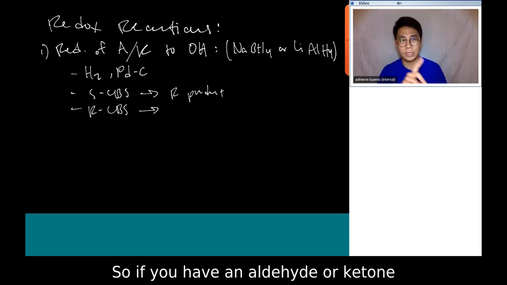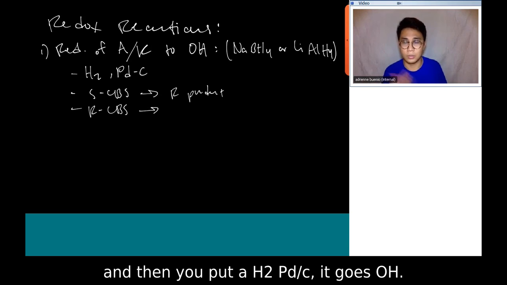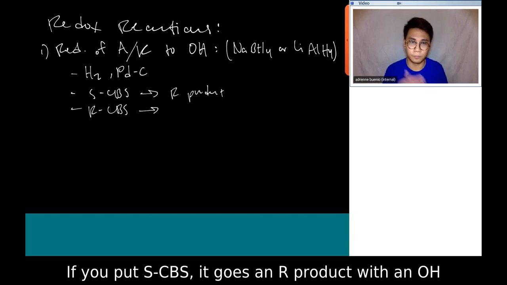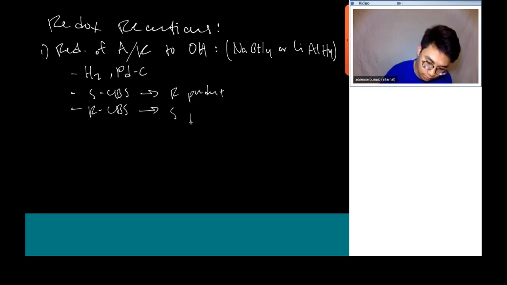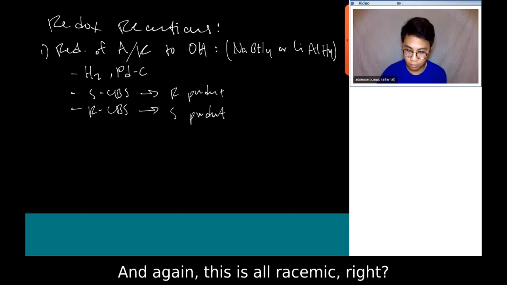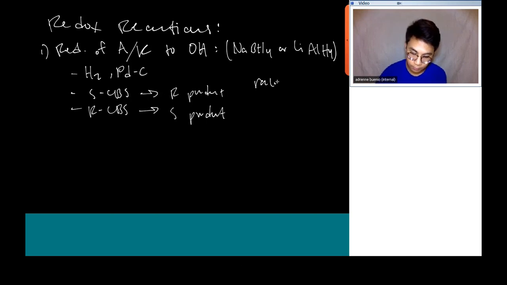So if you have an aldehyde or ketone, and you put H2/Pd, it goes to OH. If you put S-CBS, it goes to an S product with an OH added to it, right? So that's kind of what I'm getting at. And again, this is all racemic, right?